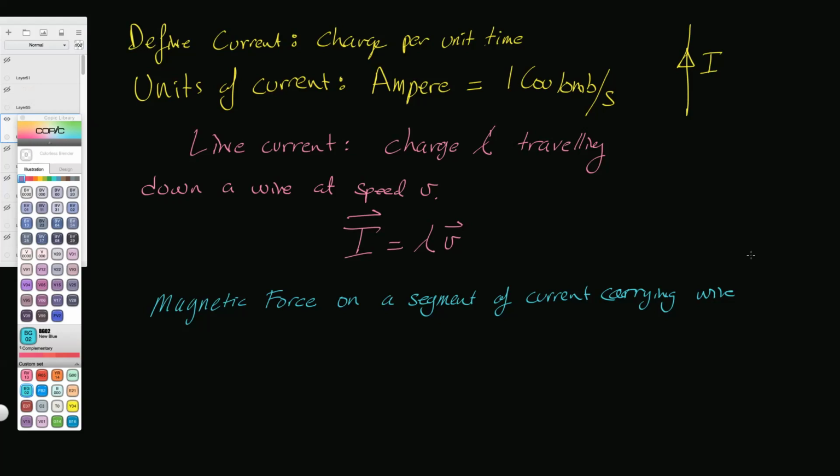So we can say F mag is equal to the integral of V cross B, and then dQ. But that dQ is going to be just lambda dL, or dr if you like. I tend to use dL a lot in this section, but remember that's notationally the same thing as dr.